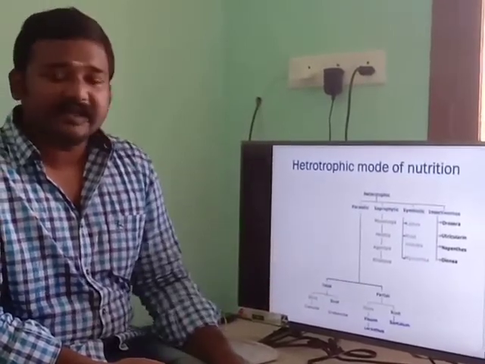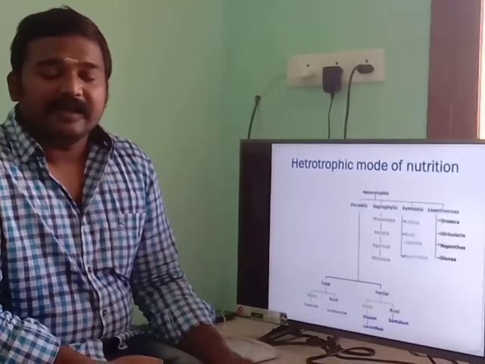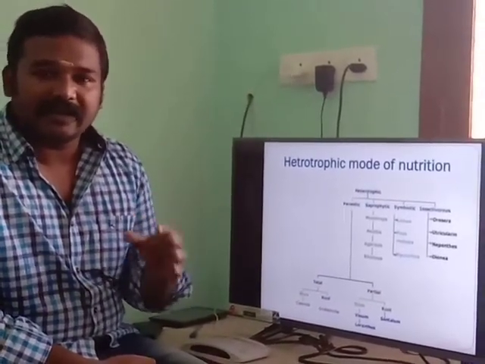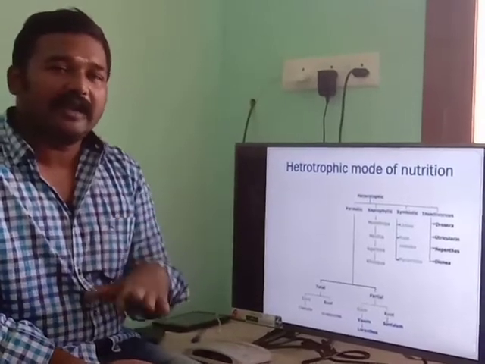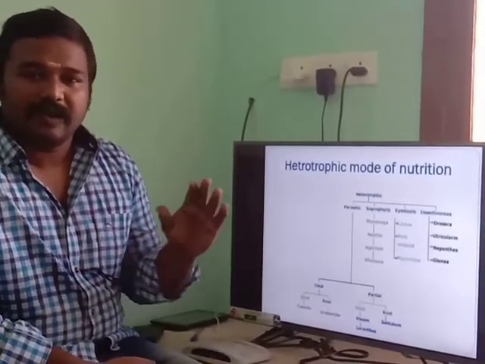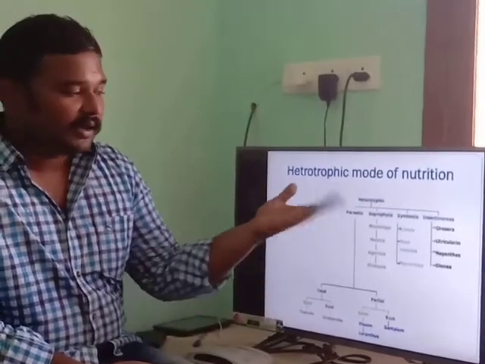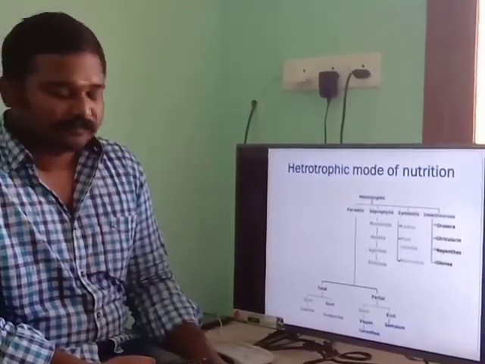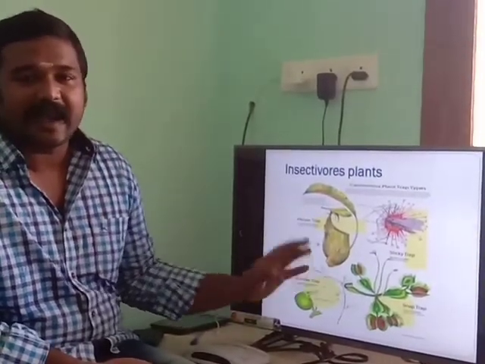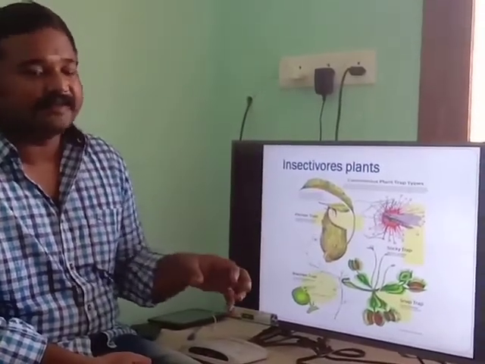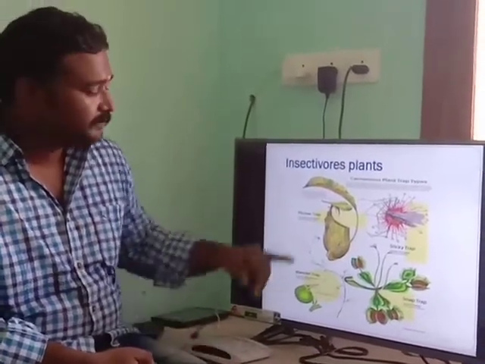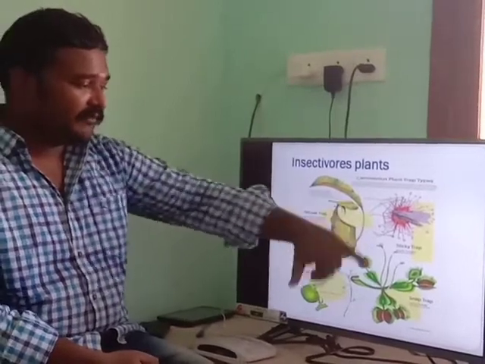In some places, the replenishing of nitrogen in the soil is so low due to the environment. So what the plants are doing is trapping the insects and digesting them to overcome their nitrogen needs. Let us see a few plants.